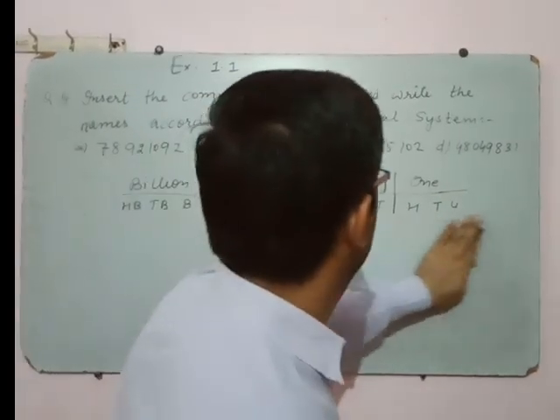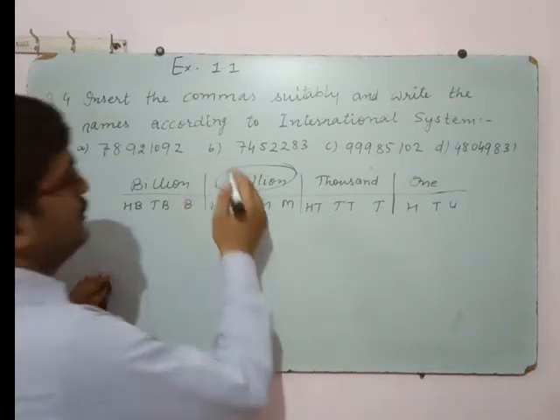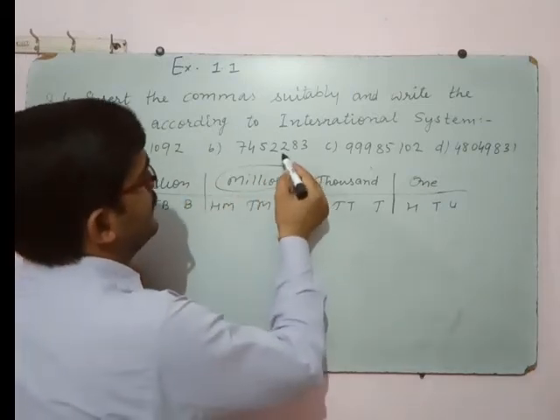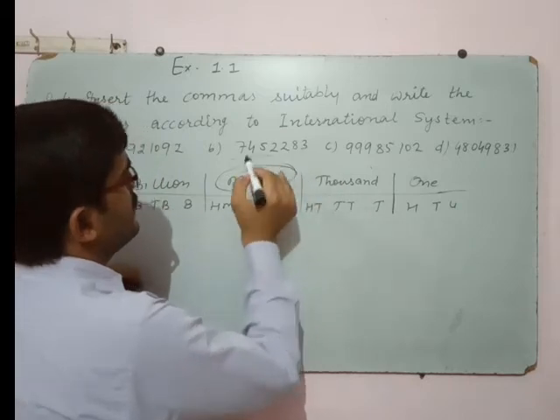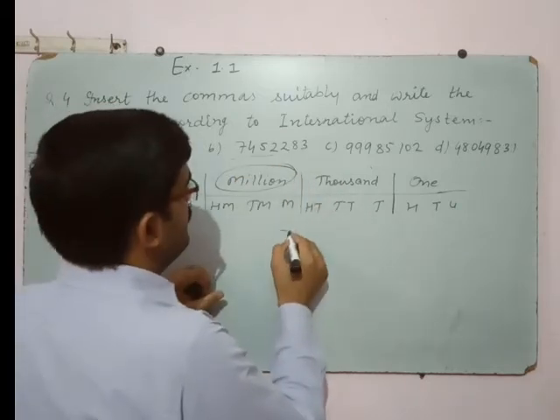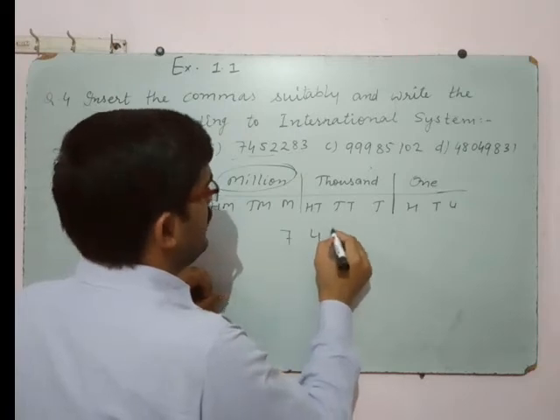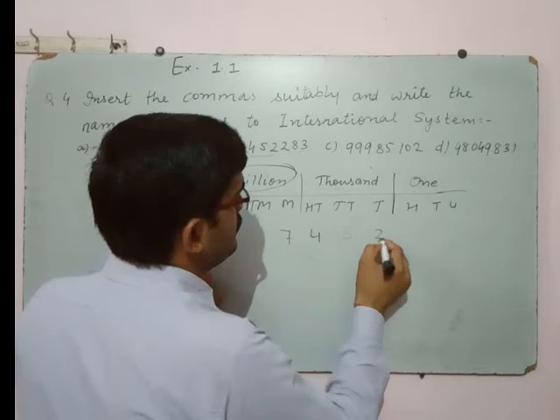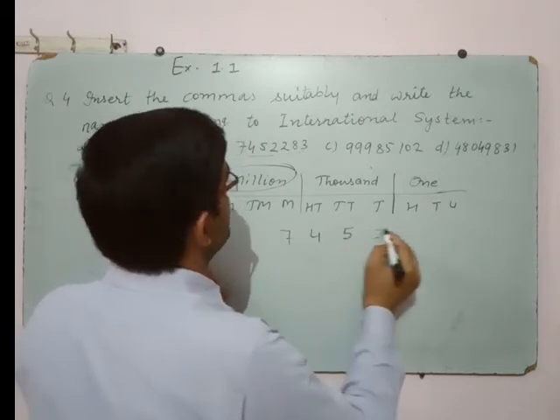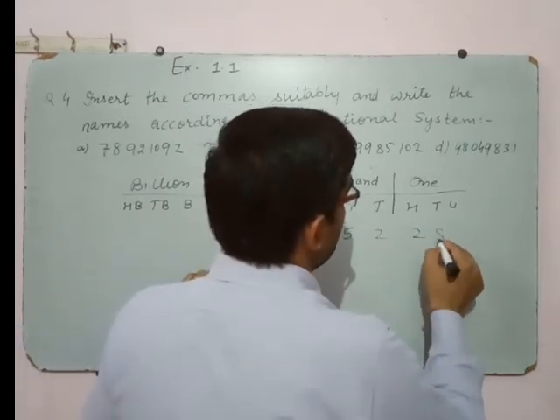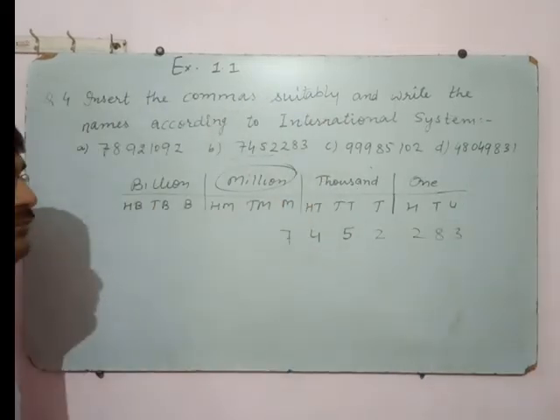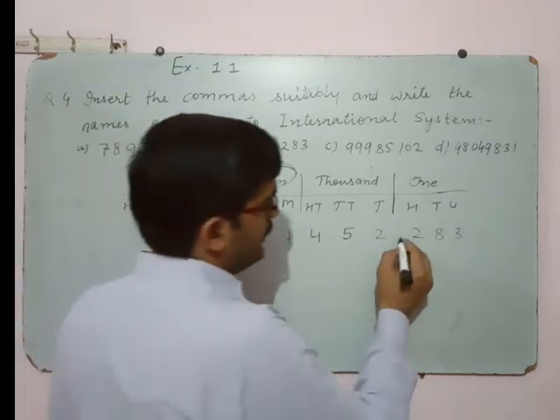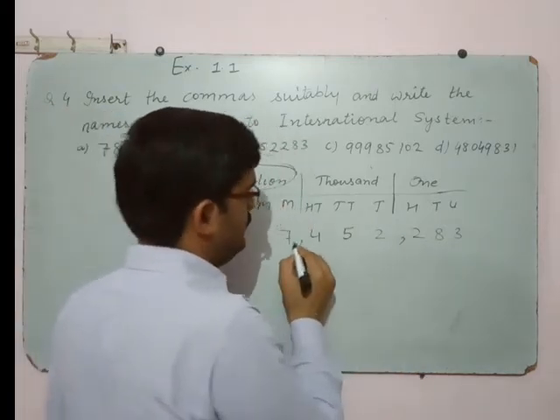next is, three places one. It means 7,452,000 and 283. We will write this like one. Okay, put the comma here, here.